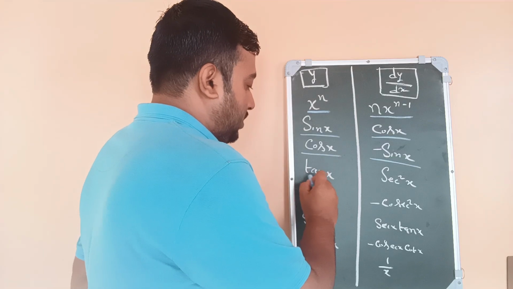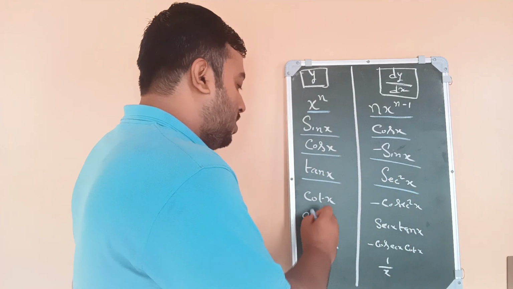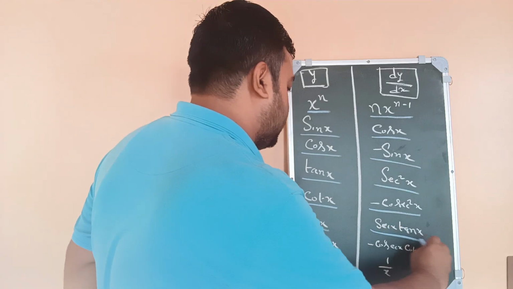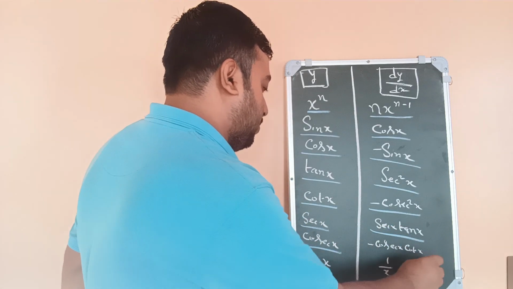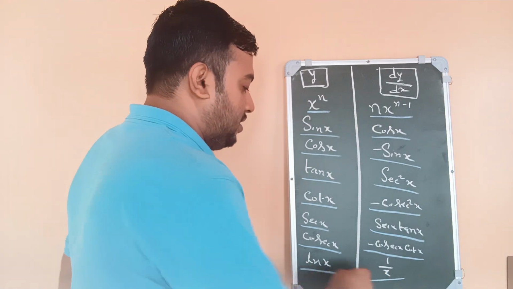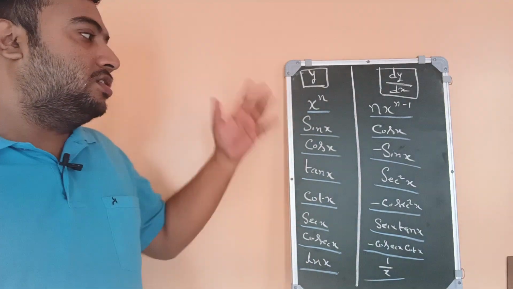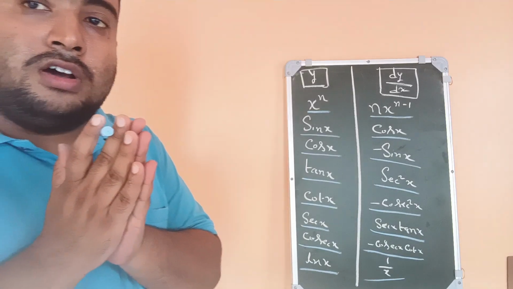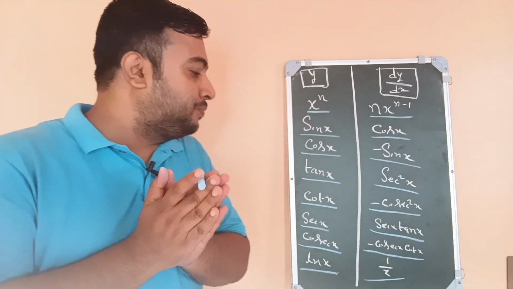Tan x gives sec squared x, cot x gives minus cosec squared x, sec x gives sec x tan x, cosec x gives minus cosec x cot x, and ln x gives 1 by x. So these are some formulas of important functions we should remember to study our physics course.